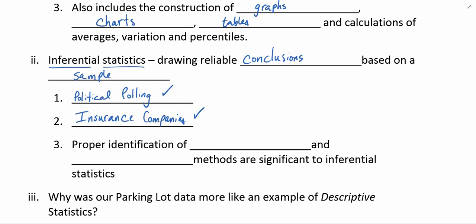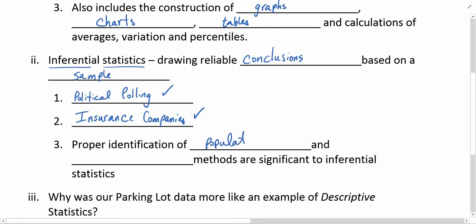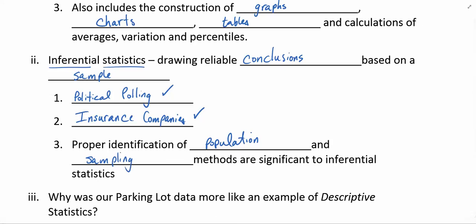So inferential statistics is used by a lot of large companies. They frequently hire mathematicians to work statistics for them. But what's really important is that you properly identify your population and your sampling methods, because they are significant to inferential statistics.